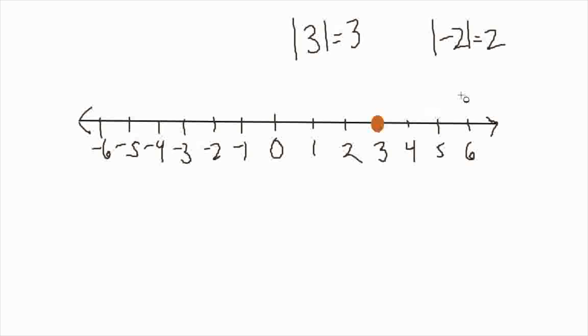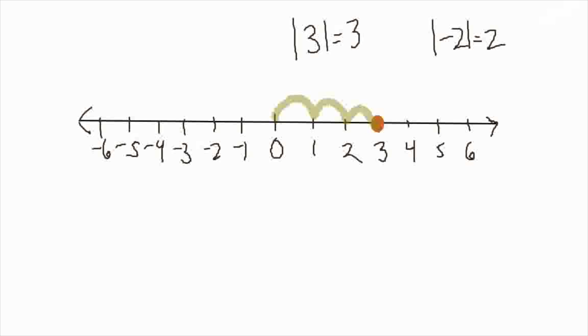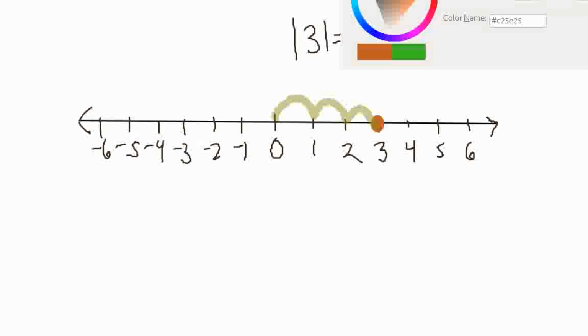If I was to measure how many hops I have to go to reach the 0, I have to do 1 hop, 2 hops, 3 hops, and the number of these ticks, these hops, we'll call that the distance between 2 numbers. So the 3 is 3 away from 0. That's why the absolute value is 3. That's an equivalent way to think about it. That really turns out to be more useful when thinking about negatives. So let's say we are sitting on the -2.